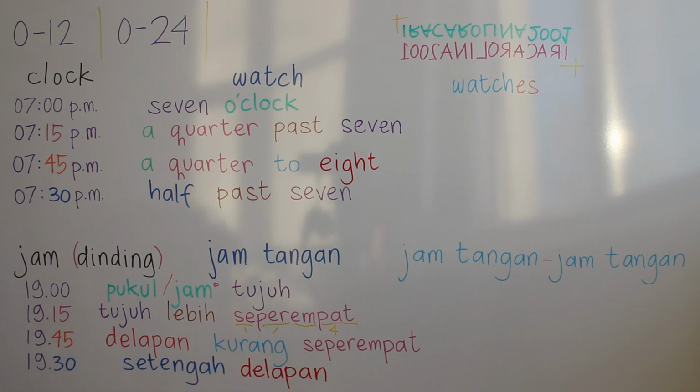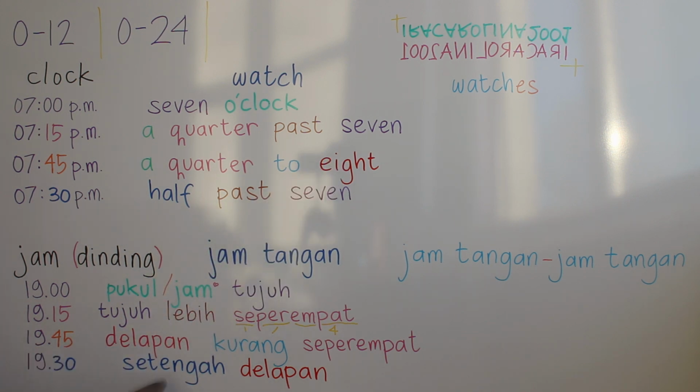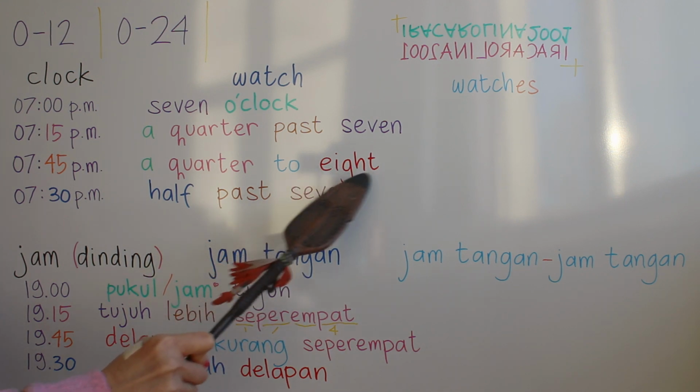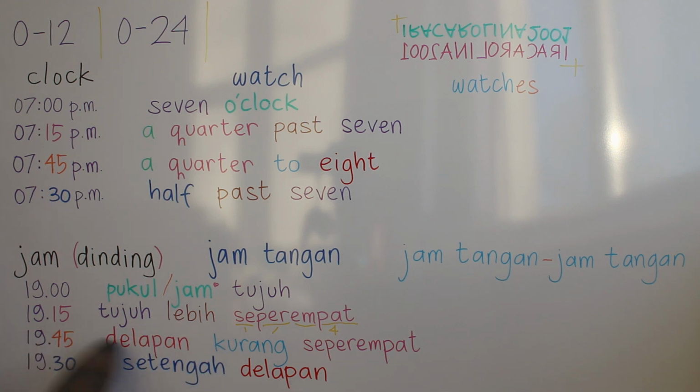Even though kurang, I will repeat, it means minus. 8 kurang seperempat. As we see, we use 8. So we say the 8 first instead of in English we say a quarter first. 8 kurang seperempat.